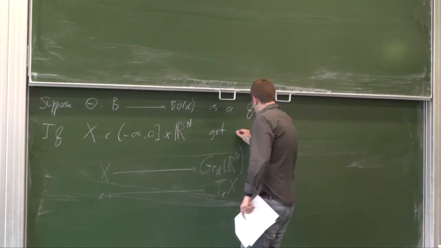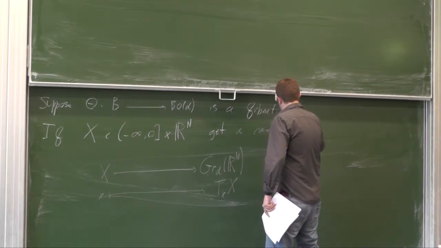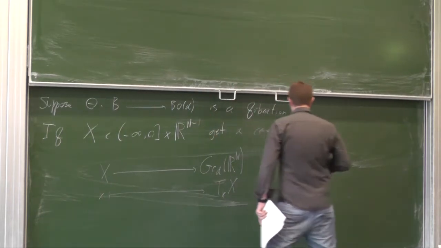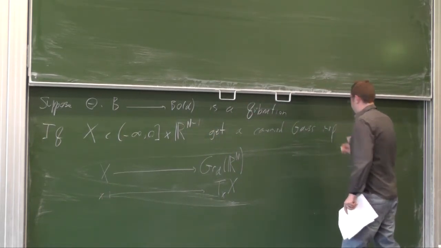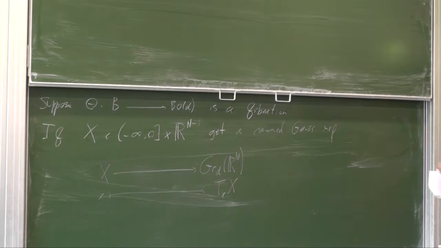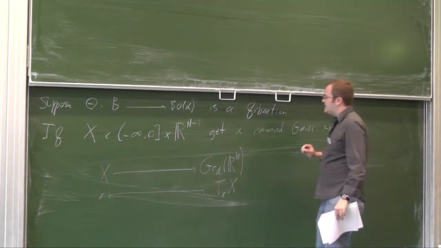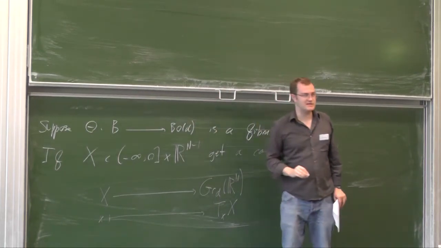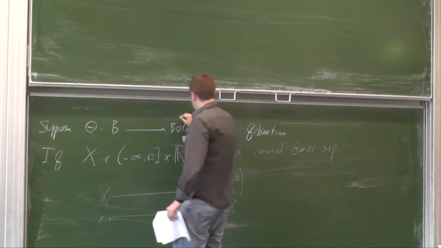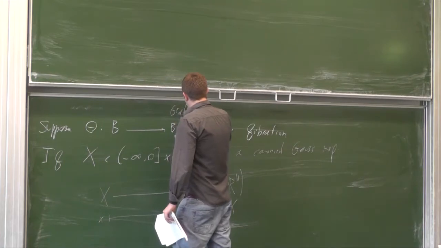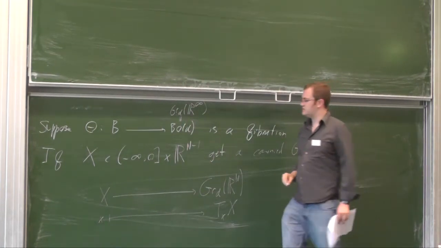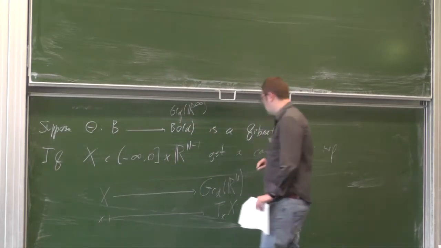So we get a canonical Gauss map. And now, for my BO(D), BO(D) is just some homotopy theoretically defined thing. You get to choose what model you take, and I'm going to take the Grassmannian of D-planes in R infinity. Okay?